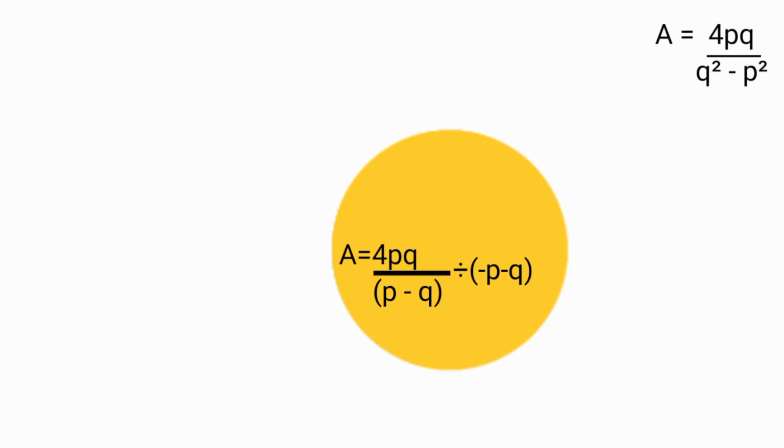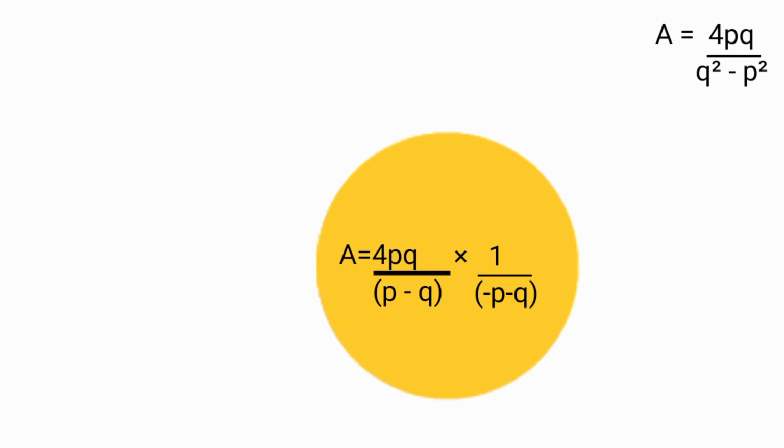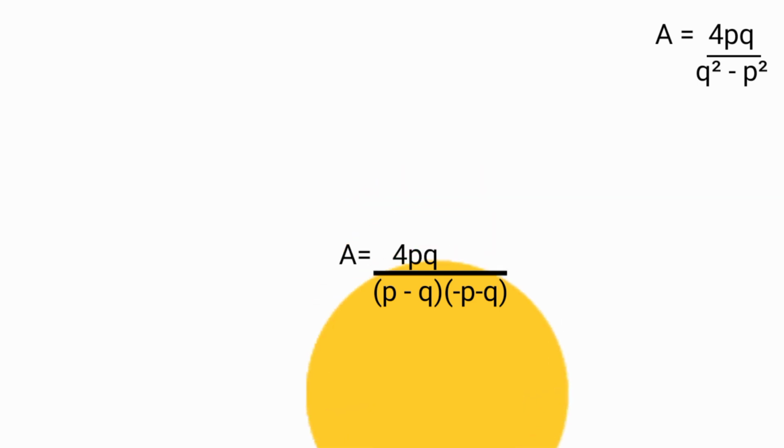Taking reciprocal, since this is the same as minus p minus q over 1, a is equal to 4pq over p minus q times 1 over minus p minus q. So 4pq times 1 is 4pq. P minus q times minus p minus q is equal to p minus q open bracket minus p minus q.